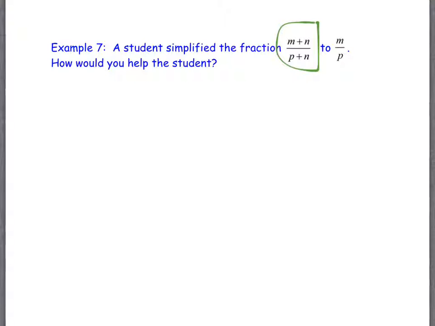So how do you help the student? First of all, you're going to have to let them know that they're thinking about something right. This process would work if it were multiplication instead of addition. That's good, because if you tell the student what they did right, they don't feel like they're just always making mistakes. They did make a mistake, but it wasn't completely out in left field.